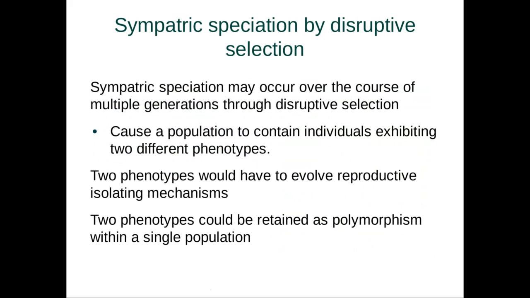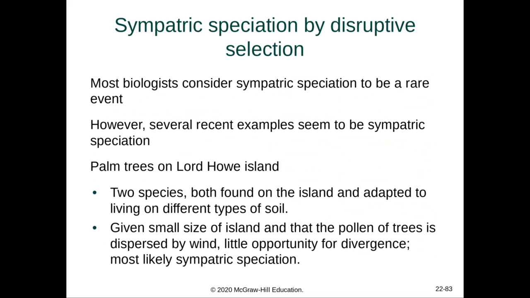Now, these 2 phenotypes would have to evolve reproductive isolating mechanisms, and these 2 phenotypes could also be retained as polymorphism within a single population. So our disruptive selection, something causing a complete disruption in the distribution of a trait in a population, can also lead to distinctive populations.